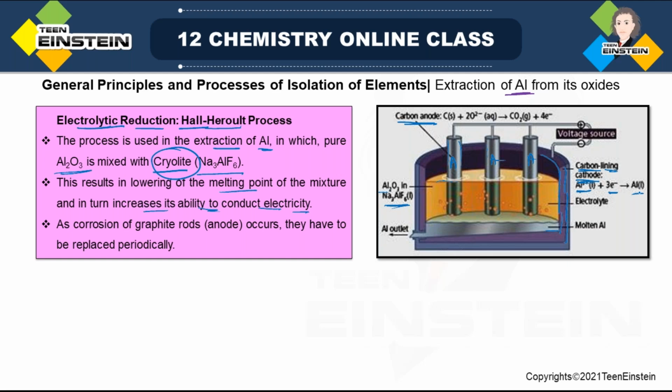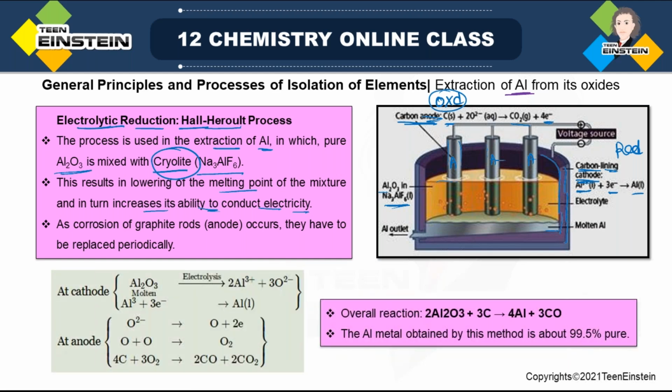And on the left hand side, that is at the anode, oxidation is taking place. So carbon is oxidized to CO2 and it releases electrons. These electrons are actually accepted by aluminium 3+. So anode is always oxidation and cathode is reduction.